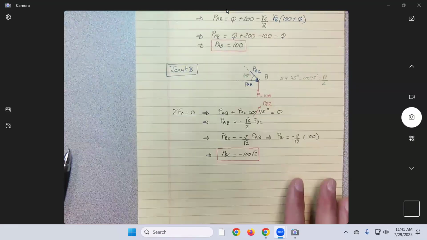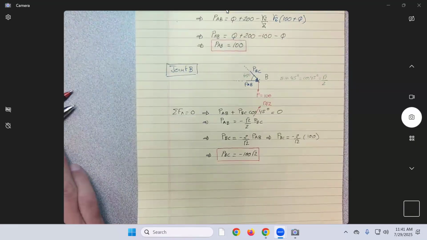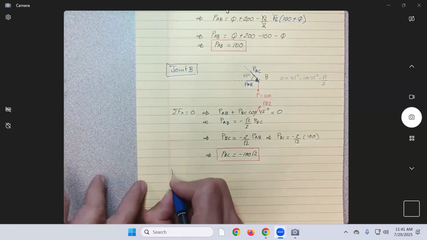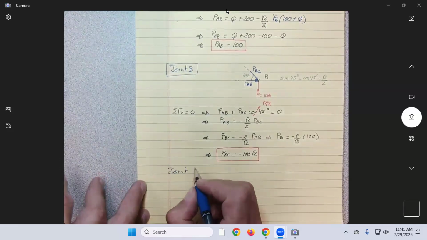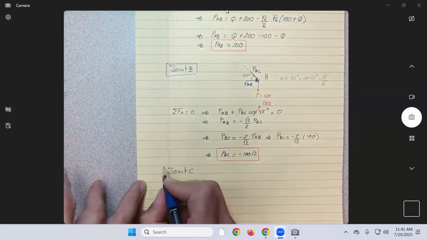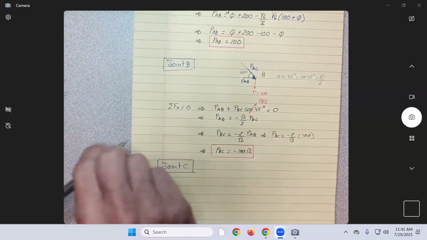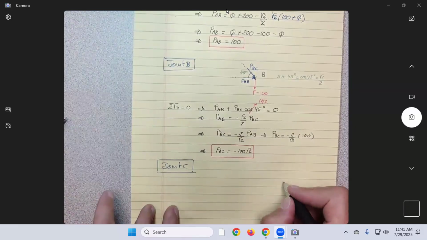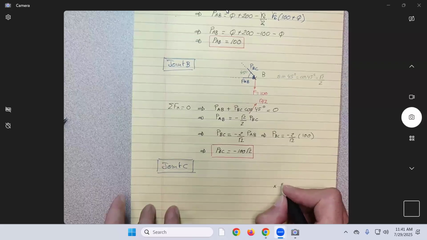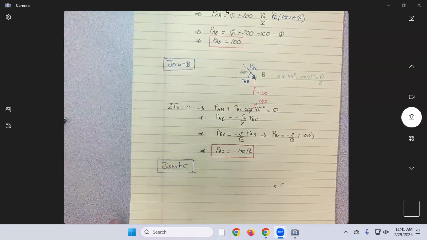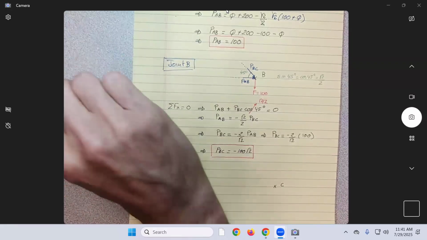Okay, here we go. All right, so now we go to joint C. We do the same thing. So we'll go here to point C. So C, let's see what we have.